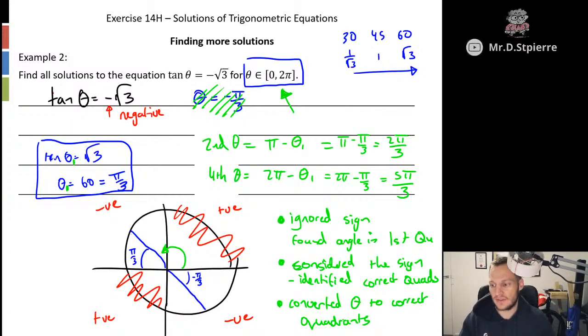So that was the process that I went through. If I ignored the sign, in step 1, if there was no negative sign, the correct angle would be pi on 3. I then realized, looking at the sign, that technically it has to occur in the second and the fourth quadrants because it's negative, so I converted theta to the correct quadrants using the symmetry identities. And that was the process.